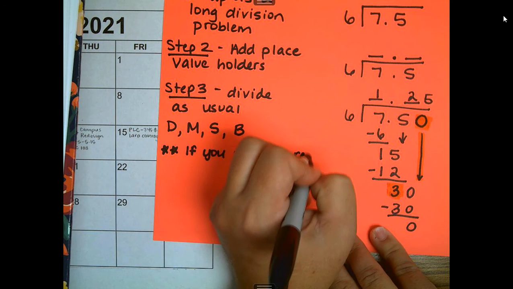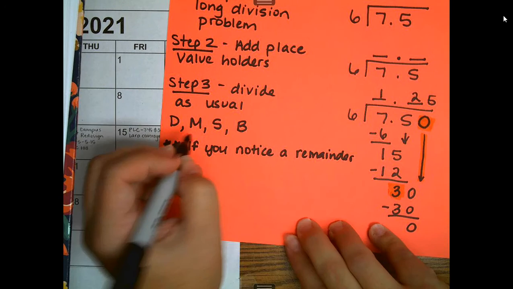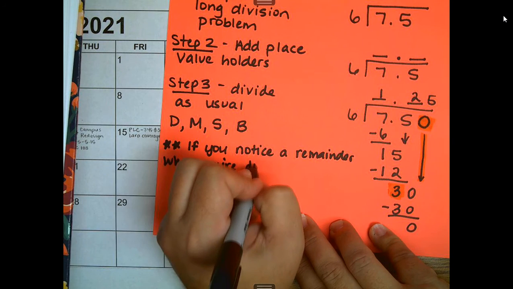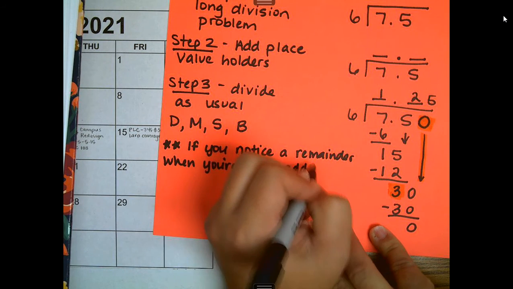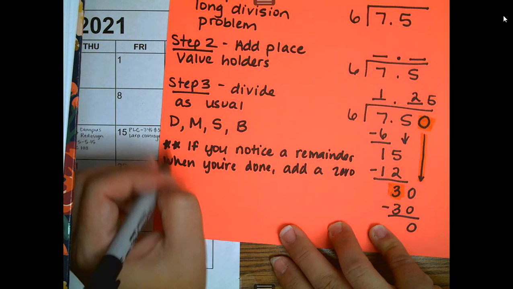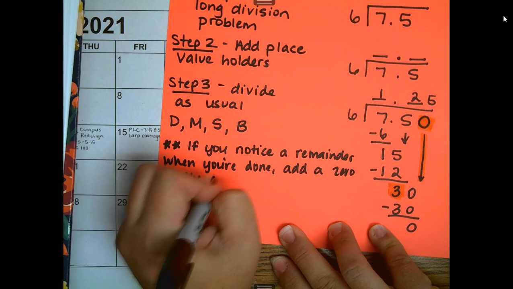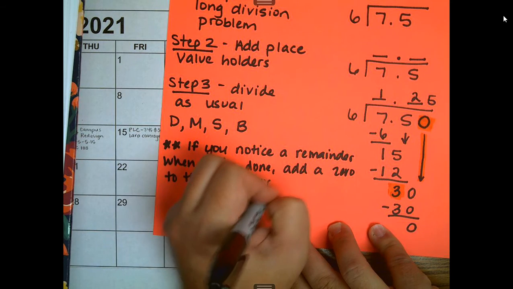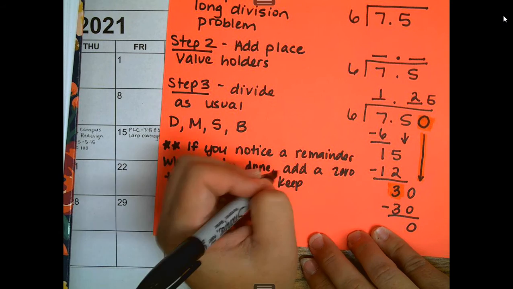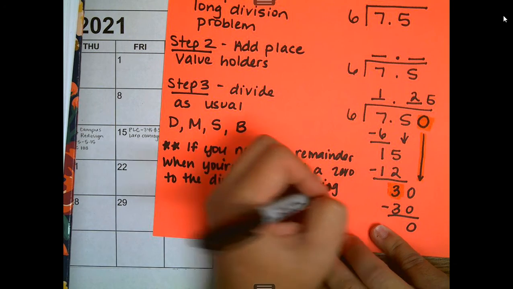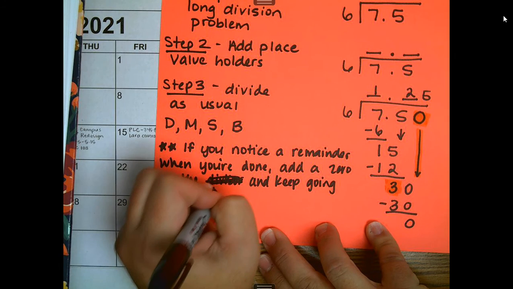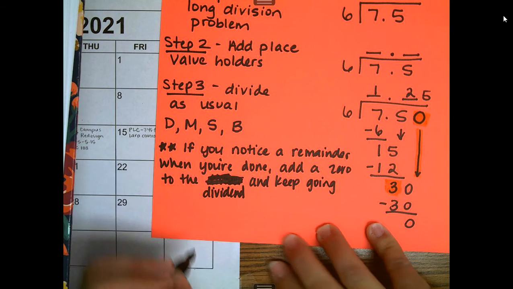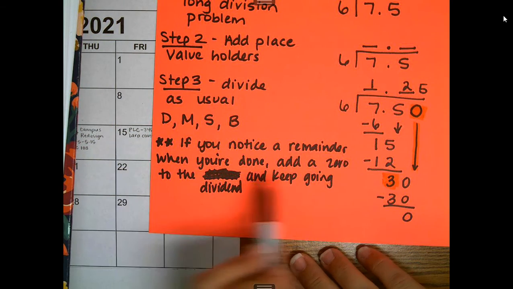If you notice a remainder when you're done, you add a 0 to that dividend.